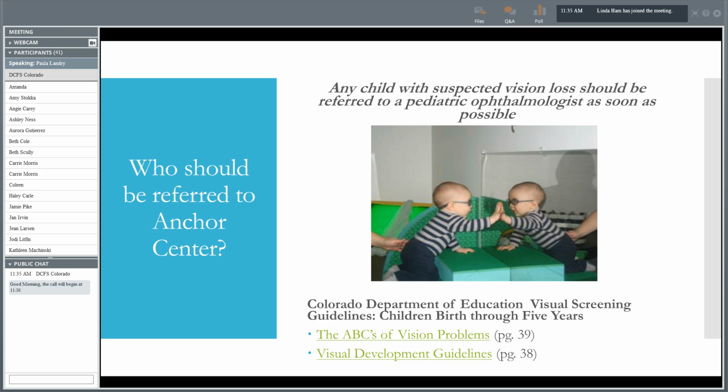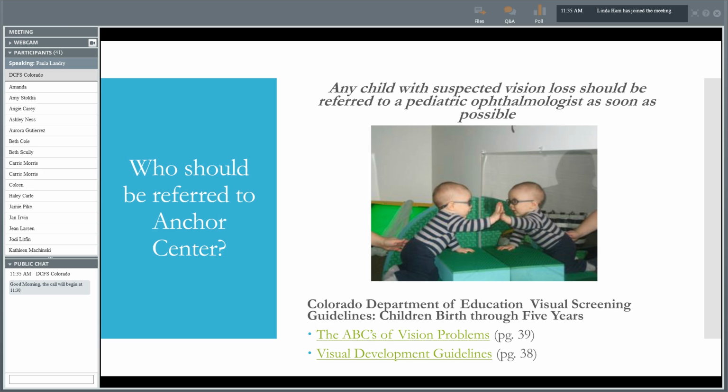And really, first and foremost, for any child or any provider, service coordinator, or parent, if they have any concerns in any way, the first and most important thing to do would be to have that child seen by a pediatric ophthalmologist. We'll talk a little bit later about why that's so important.